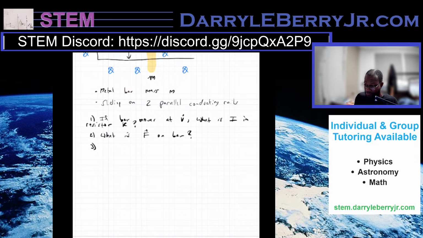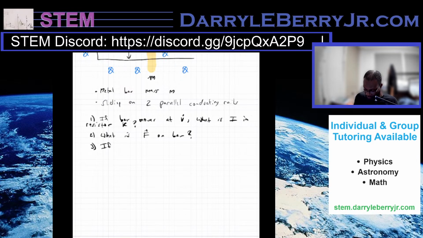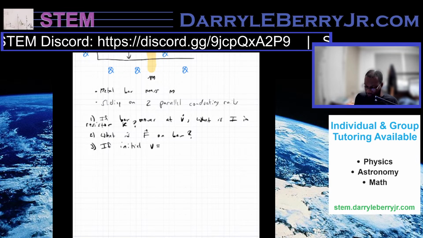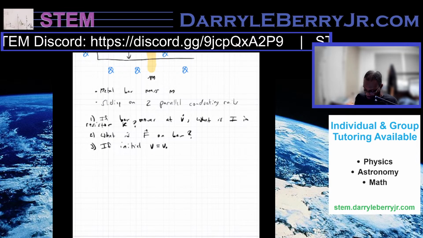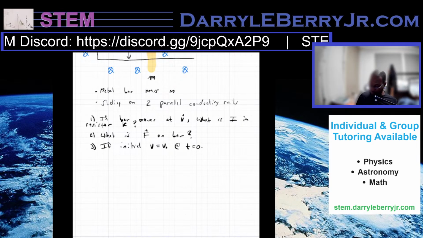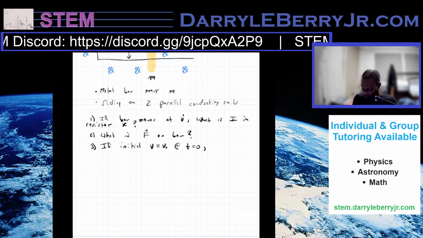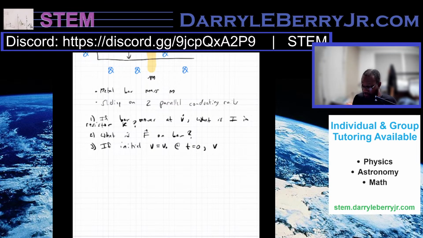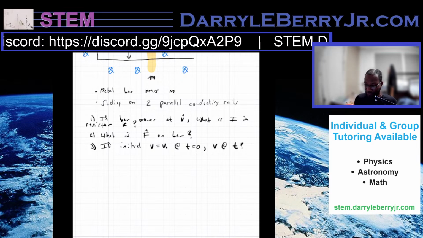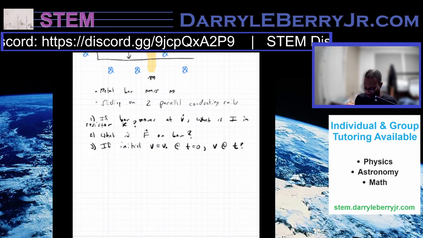And three, if initial velocity is V naught at t equals 0, what is V at time t? Right, so we'll see how to solve this.